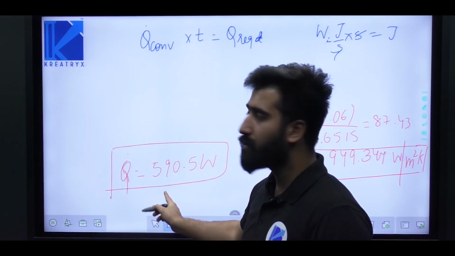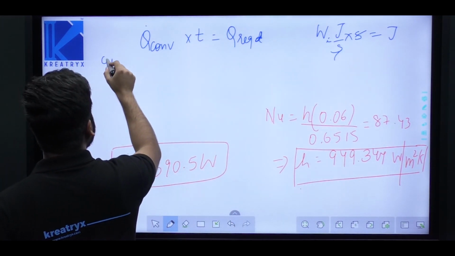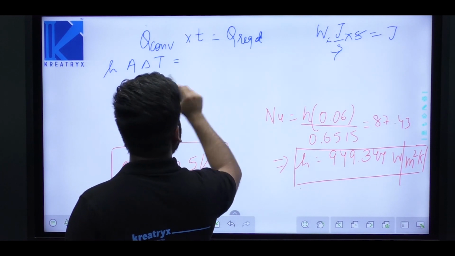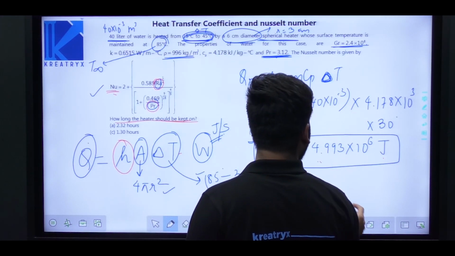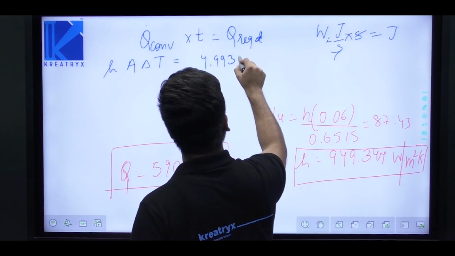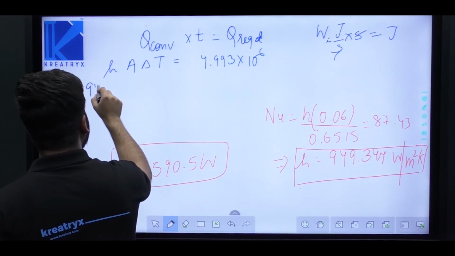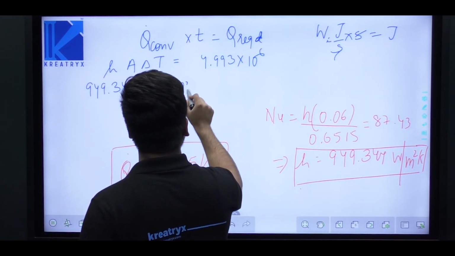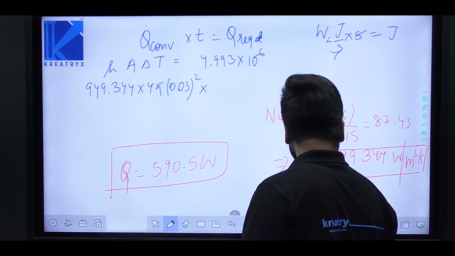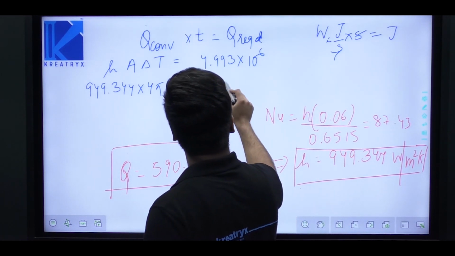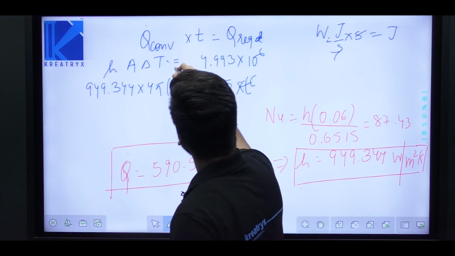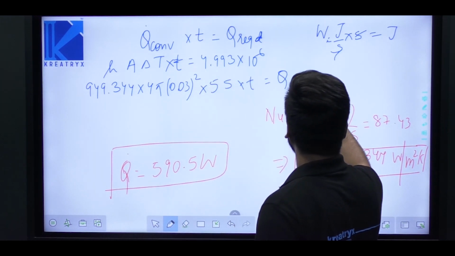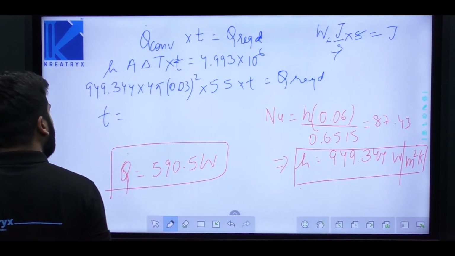I do not trust this value, so I will write h A delta T, which is equal to Q required, 4.993 into 10 to the power 6 joule. h is 949.344 watt per meter square, area is 4 pi r square, r is 0.03, square, into delta T which is 85 minus 30, that is 55, into time t is equal to Q required. So find time from here.